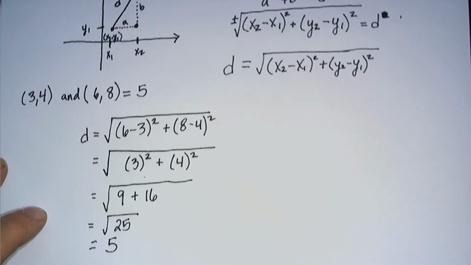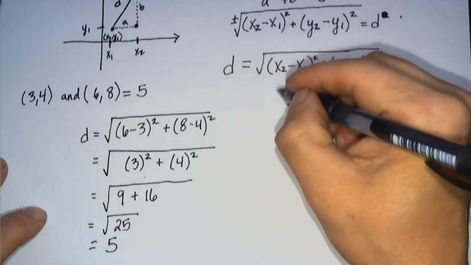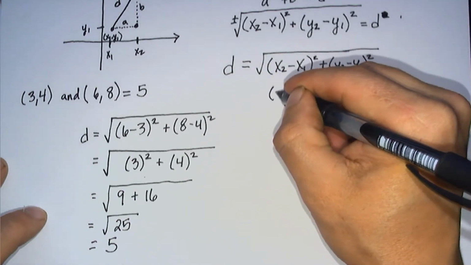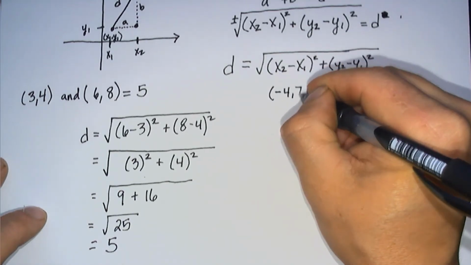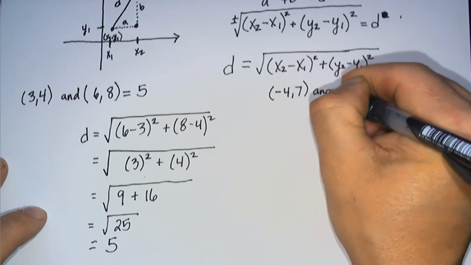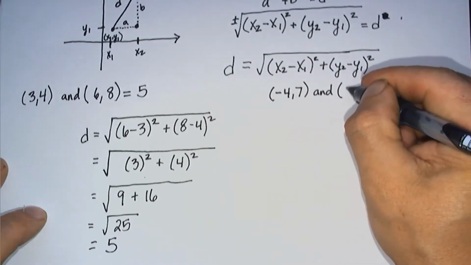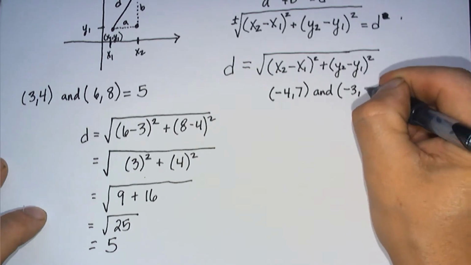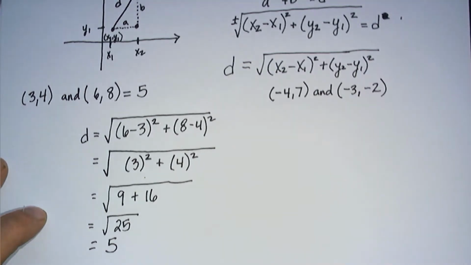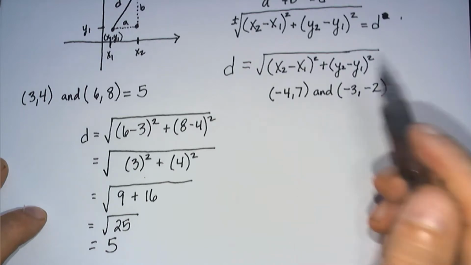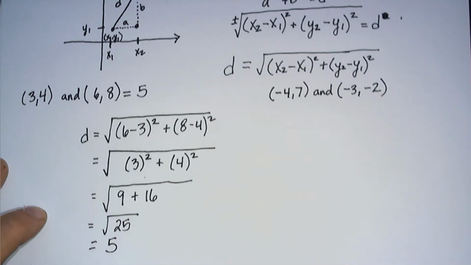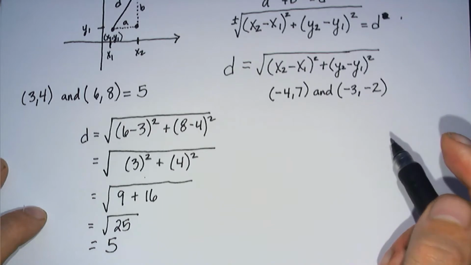Let's look at a different example. How about the distance between -4, 7, and -3, -2. When you get into these negatives, that's where the proper direction really plays its part.